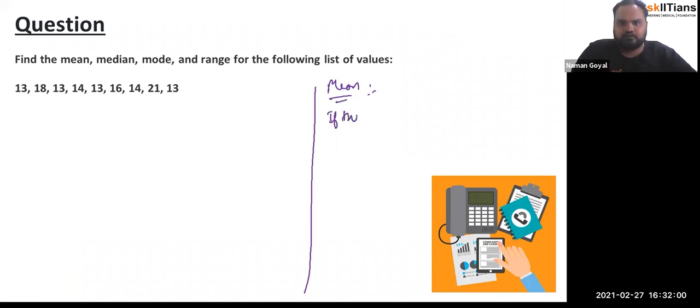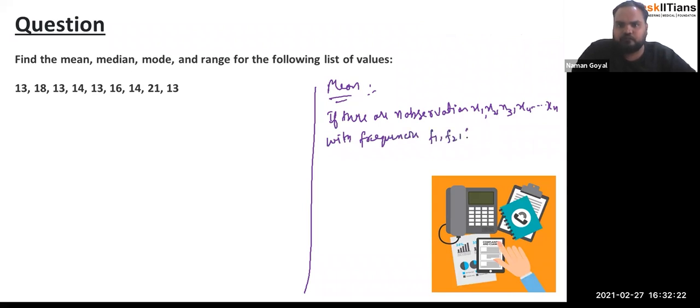If there are observations x1, x2, x3, x4 and so on up to xn with frequencies f1, f2, f3 and so on up to fn respectively.